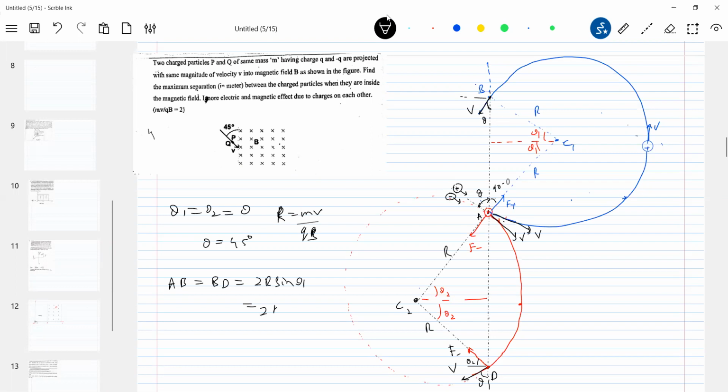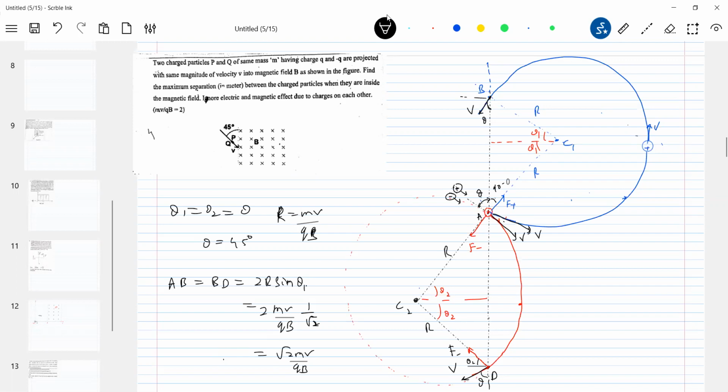So what is r equal to? mv by qB, and theta 1 is 45 degrees. So root 2 mv by qB. So these are the distances, AB equal to BD.